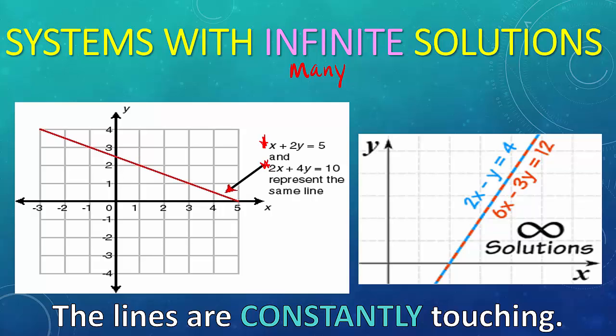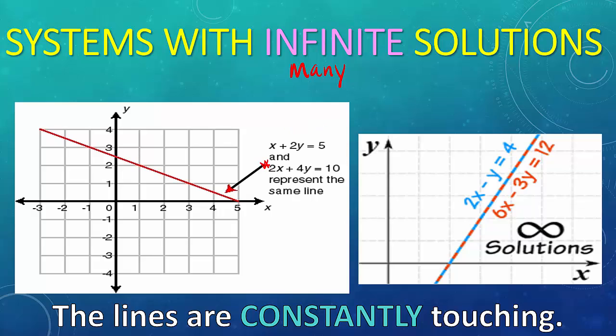If you were to try elimination on this, say multiplying the top by -2 to get the x's to cancel out, what you would end up with is -2x minus 4y equals -10. And when you cancel out your x's, you'd actually end up canceling everything else out and ending up with 0 equals 0. So if you use elimination and you ever end up with 0 equals 0, that's when you have infinitely many solutions.